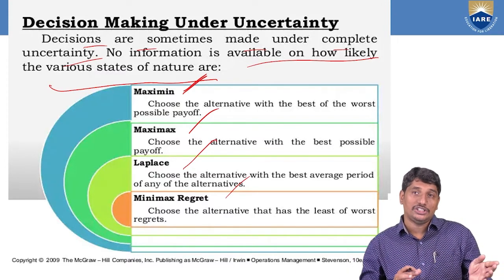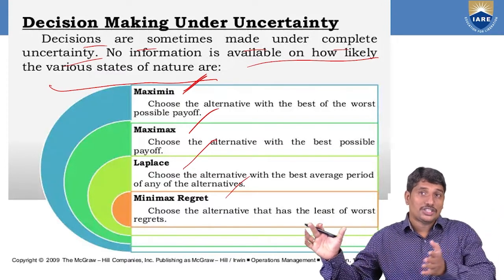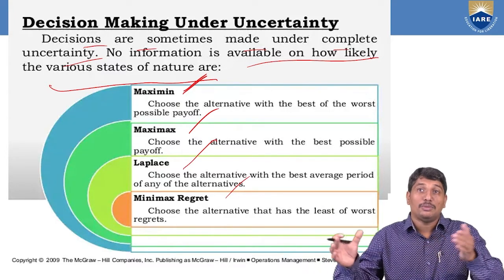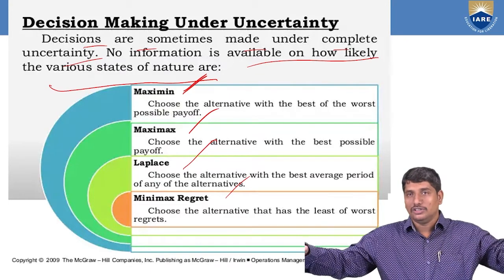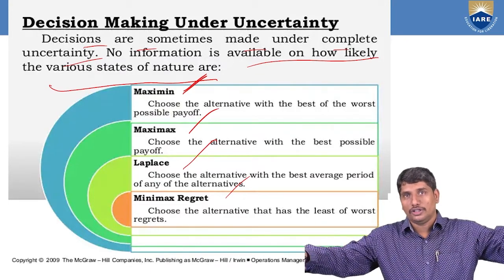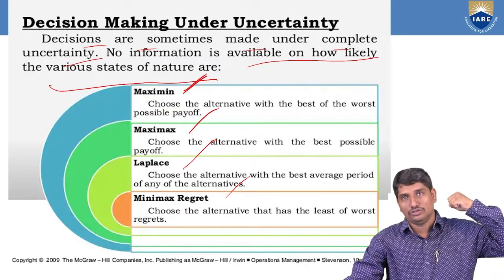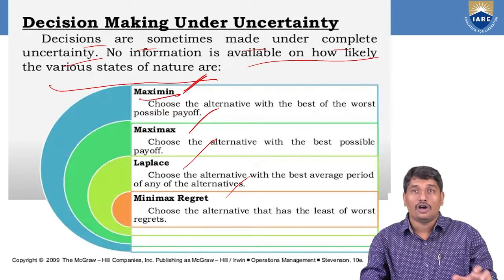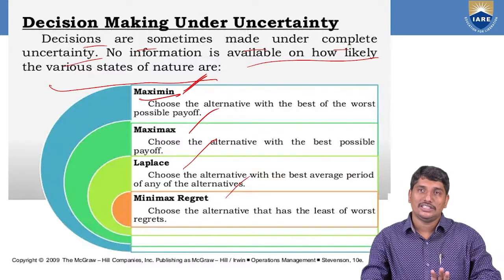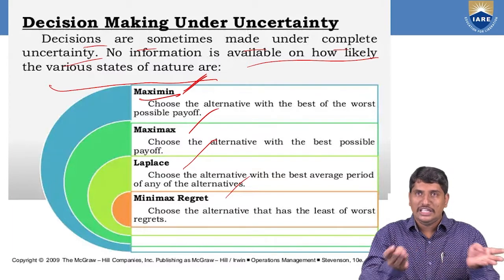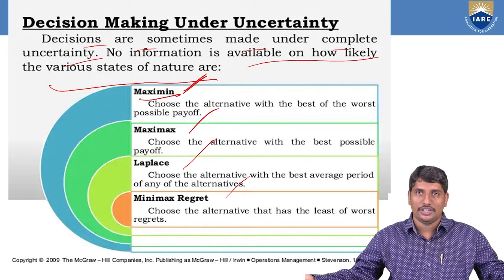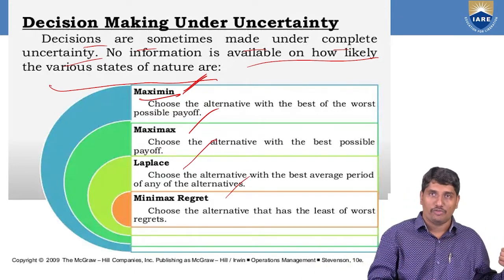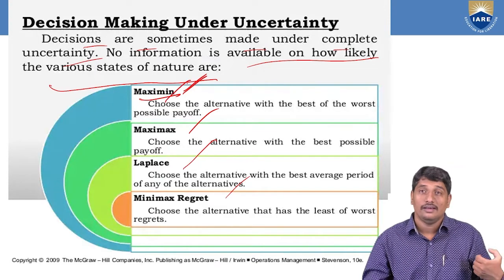You have to select the decision which gives you the minimum of the maximum losses. That means among the various losses that you are going to incur, you pick the decision which gives you the least loss. That is called maximin. Or you can understand it as: when you are supposed to have least profits for a certain period, among those least profits you select the maximum profit. That is called maximin.